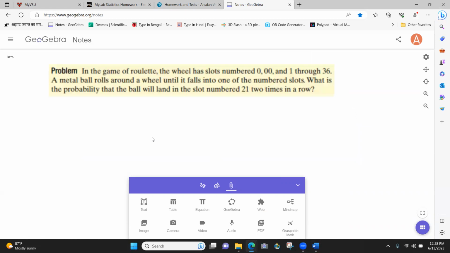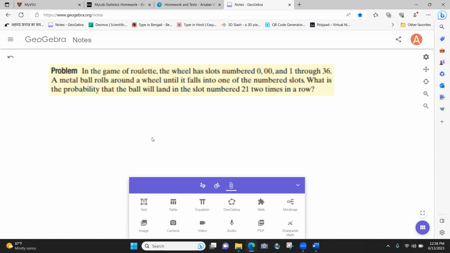Okay, let's read the question. In a game of roulette, the wheel has slots numbered 0, 00, and 1 through 36. So there are 38 equal, identical slots with different numbers: 0, 00, 1 through 36. So there are altogether 38. Keep that straight. A metal ball rolls around a wheel until it falls into one of the numbered slots. What's the probability that the ball will land in a slot numbered 21?